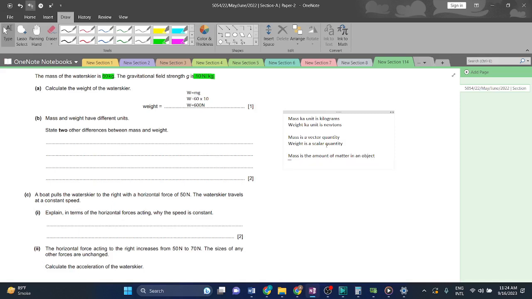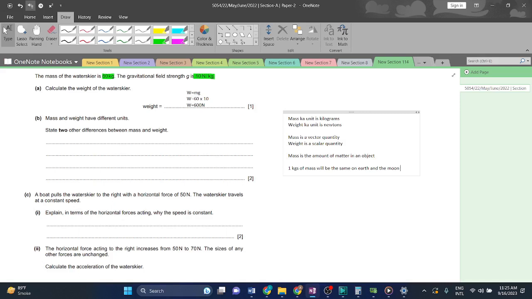Another fun fact: 1 kilogram of mass will be the same on Earth and the Moon. You have to keep that in mind. Mass does not change anywhere in the universe. The mass will stay constant, because it is the amount of matter in an object and the matter does not change wherever it goes.